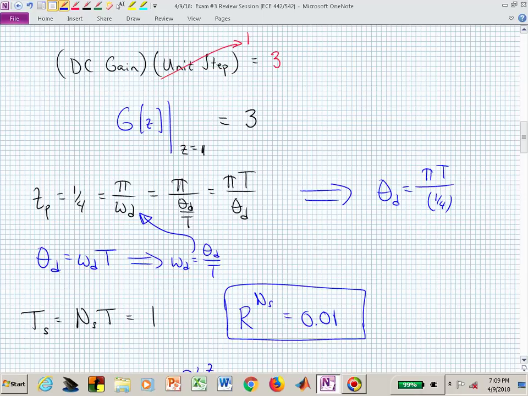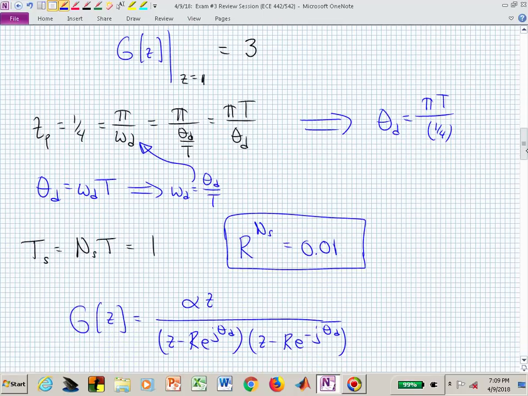And if we measure t sub s to be 1 and somebody gives us the sample period T, we can now find the number of samples that have to occur. And then we can simply back out what this radius is from that equation. Solve it for R to obtain the dominant pole's distance from the origin in the z-plane.